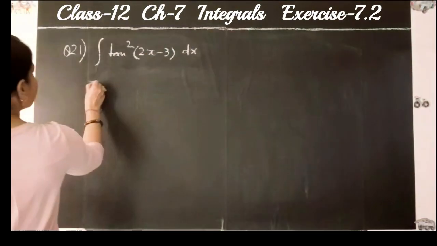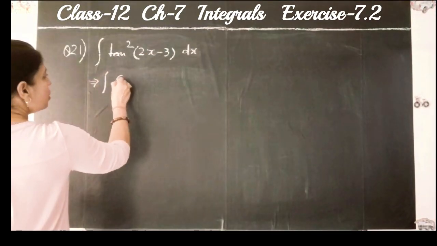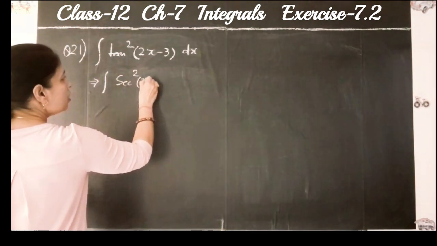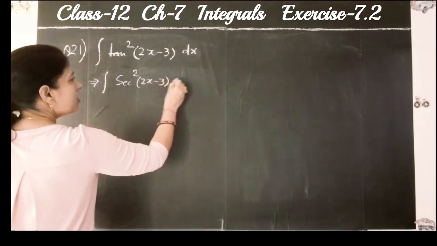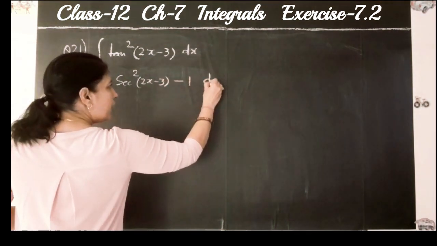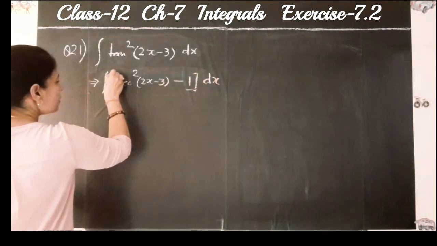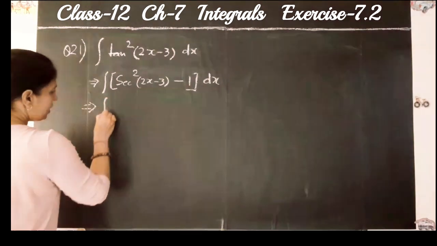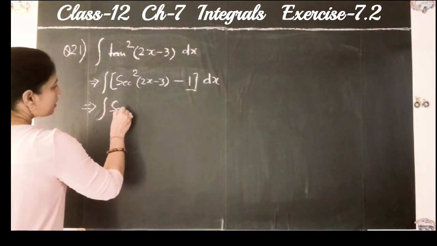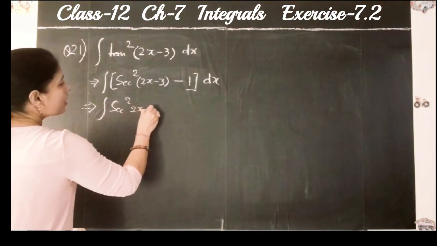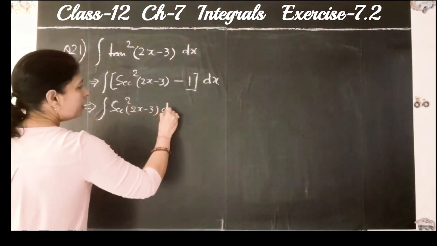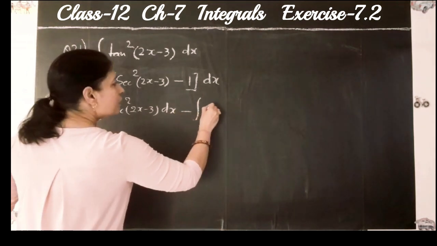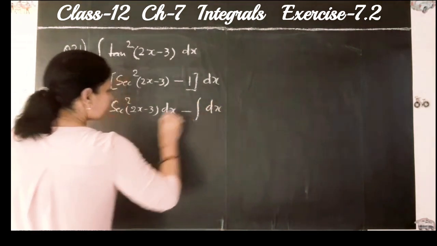So we write here integral sec square. In place of x, write here 2x minus 3 minus 1 and write this dx as it is. Now write them separately. We write here sec square 2x minus 3 dx minus integral of 1 dx means dx.